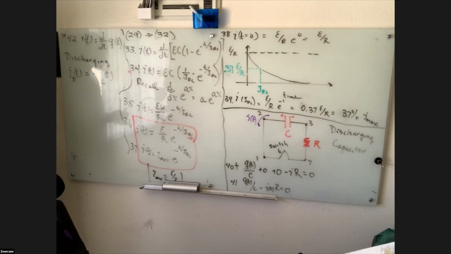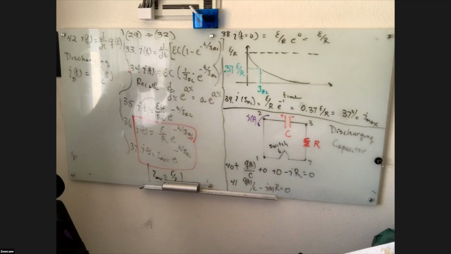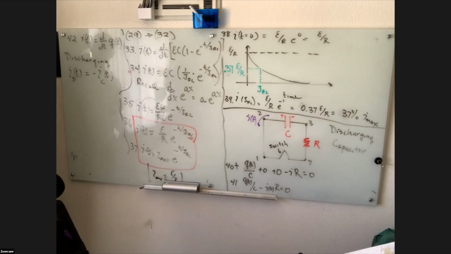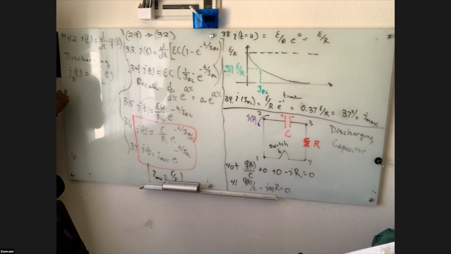Does everyone understand what I'm saying? And does that make sense? So I guess the way that I can write that is, when I substitute that in, I'm going to have q of t over c minus the quantity minus dq dt, then times r equals 0.